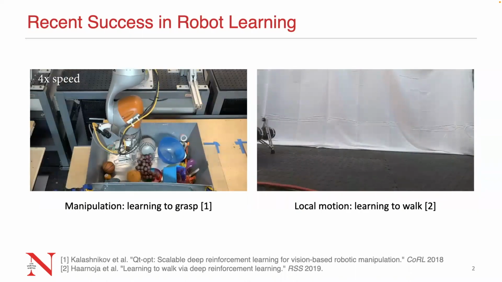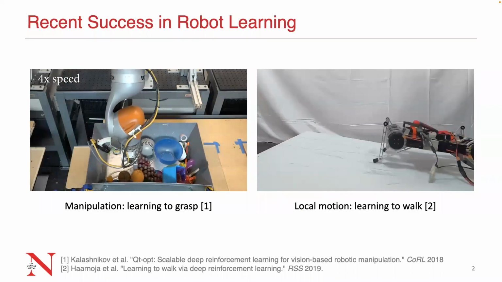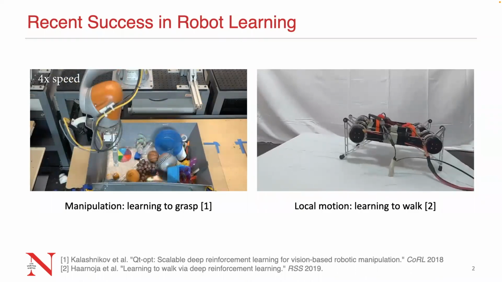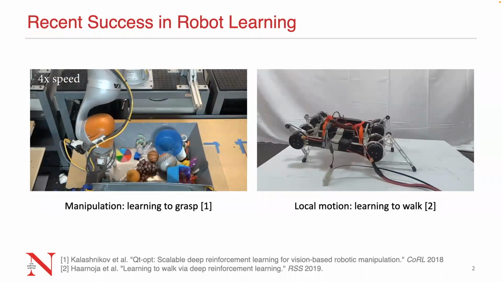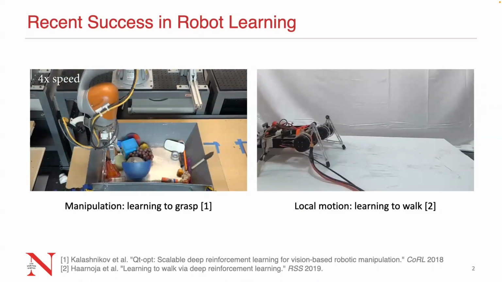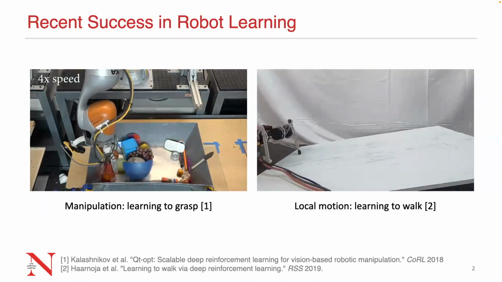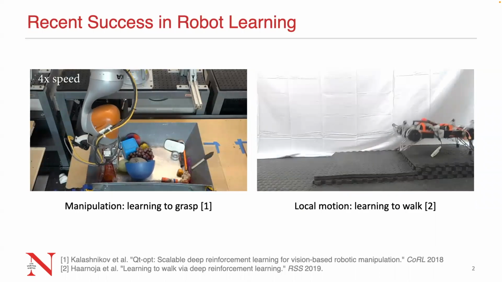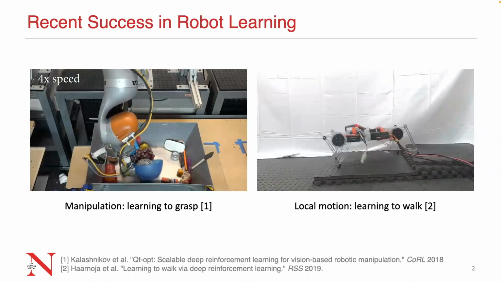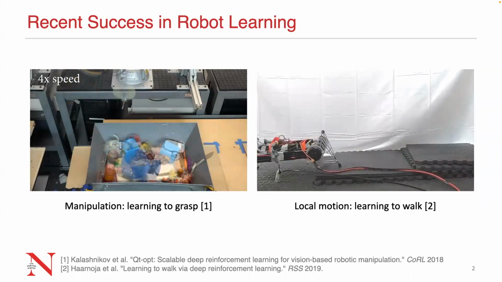On the right, there's a reinforcement learning application in locomotion where the robot is trying to learn how to walk from real world experience directly. They have been pretty successful in using machine learning techniques in robotics.